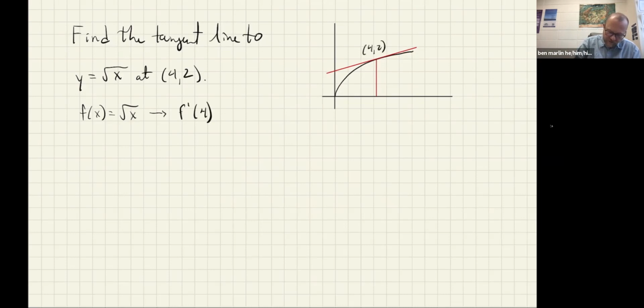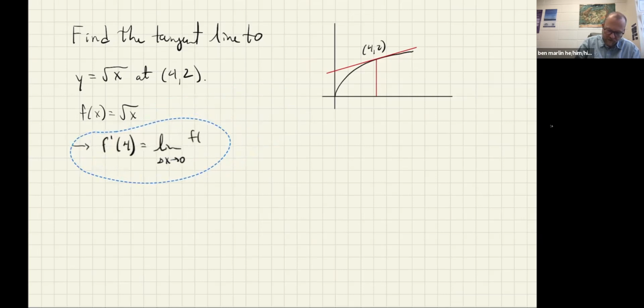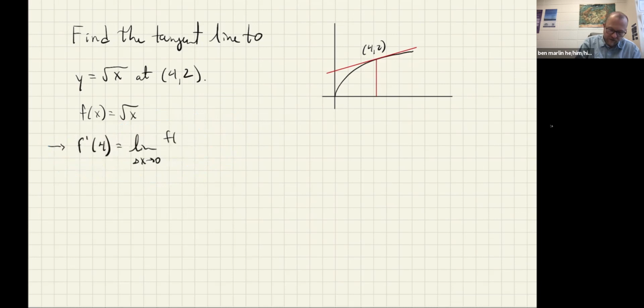But f prime of 4 is going to be the limit as delta x goes to 0 of f of 4 plus delta x minus f of 4, and we'll divide that by delta x.